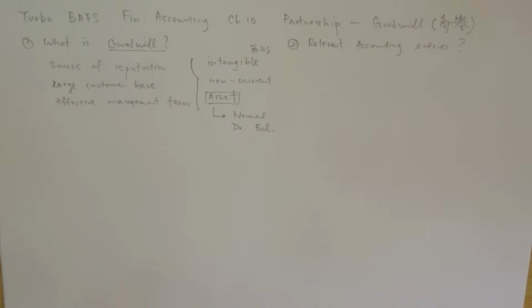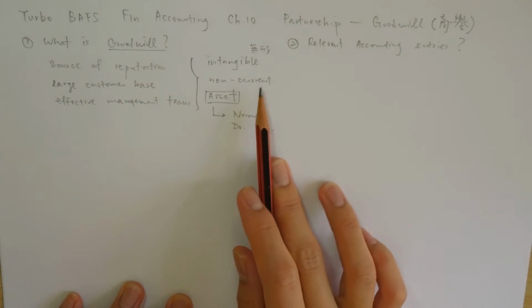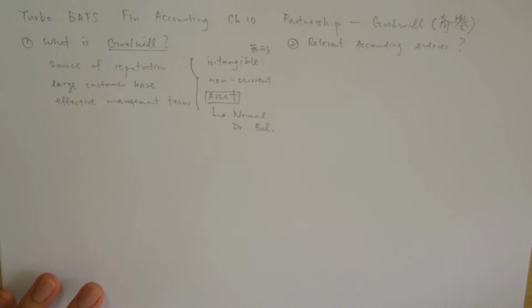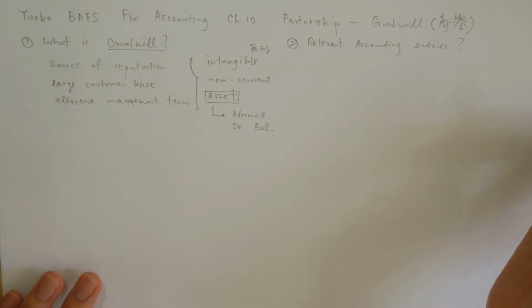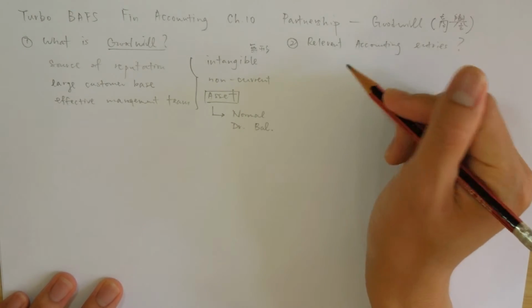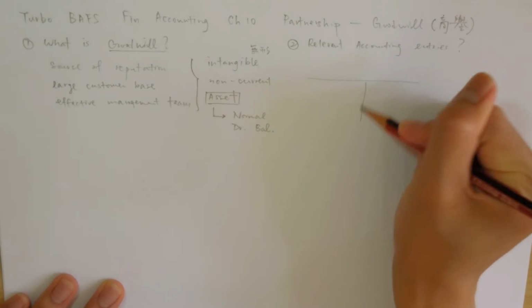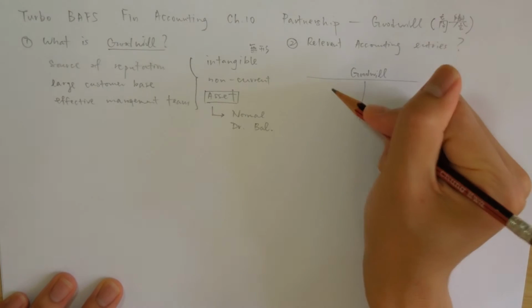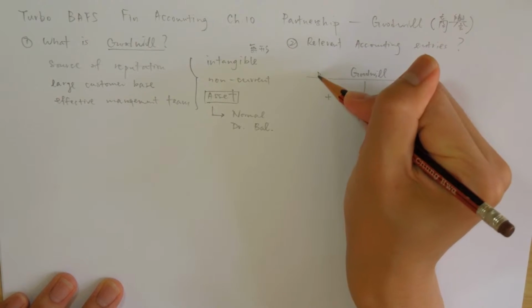Okay, and next, if this is an intangible non-current asset, therefore for the relevant accounting entry for the goodwill account, how will we enter it? The goodwill account will be like this: goodwill, and this one is the debit side.